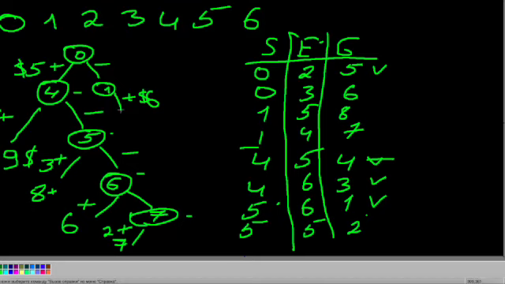Now we have to find offers that don't overlap with it. So it ends with 3, and we have to find something that starts with 4 or bigger. And this is our 4, it is index 4, and later we consider this possibility.